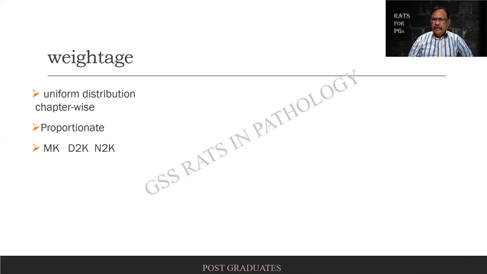It can be done chapter-wise or section-wise, etc. Sometimes we find that there are too many questions from the female genital tract, male genital tract, and kidney, whereas there is literally no question from CVS, RBC, etc. So this has to be somehow balanced. But there will be a problem. Sometimes it happens the other way around.